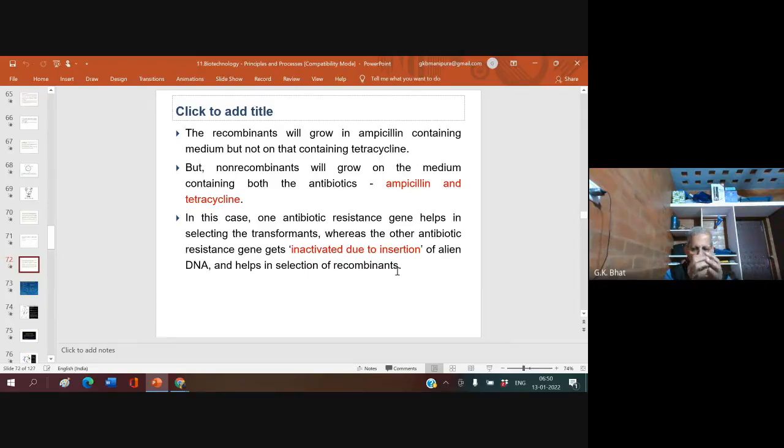Now you have the medium. If they survive in the ampicillin medium, that means they got the recombinant DNA in the tetracycline resistance gene area. So this is how it is selected.